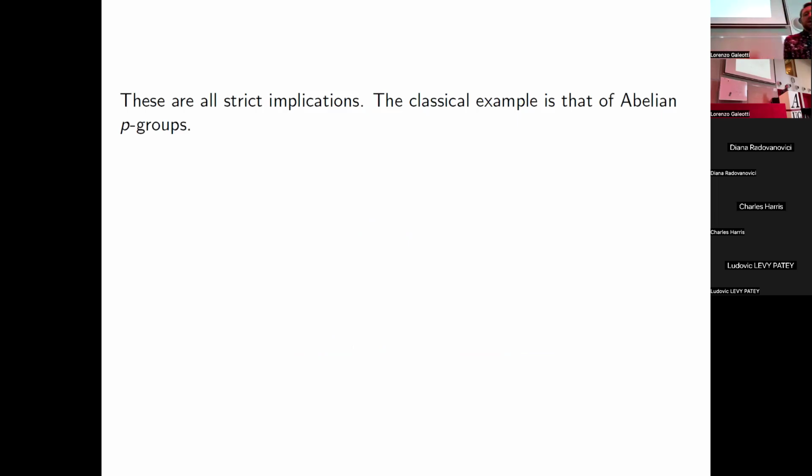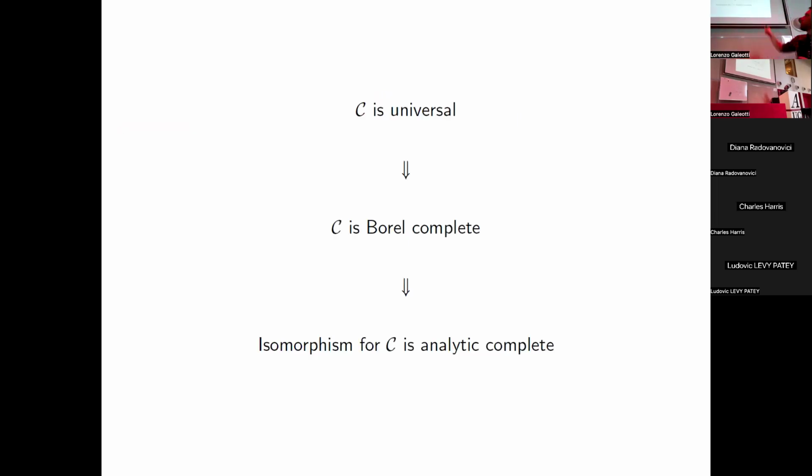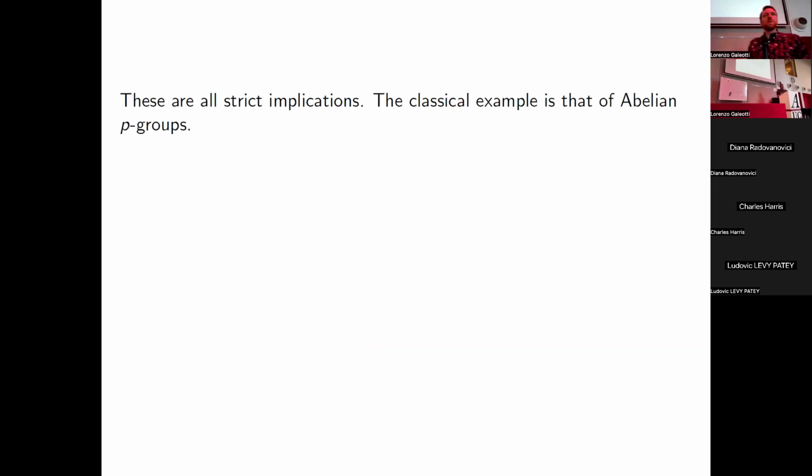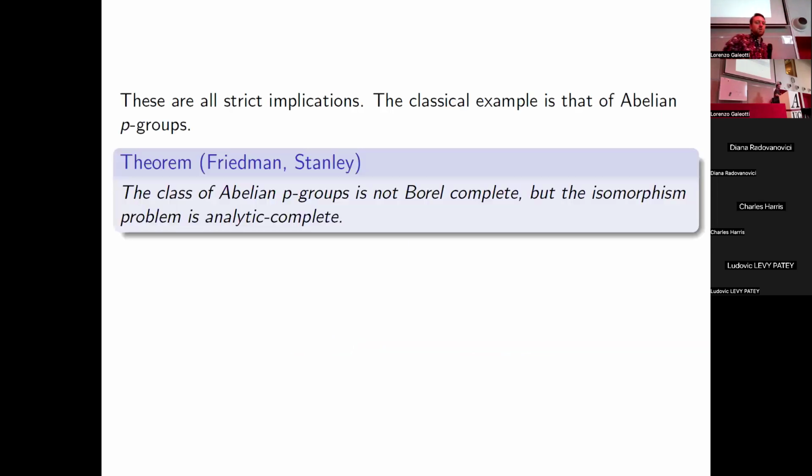These are all strict implications. We have some examples that show the first one is strict. For the second one, the classical example is abelian p-groups. It's not Borel complete, but the isomorphism problem is analytic complete. Morally speaking, the way you should think of this is that there is some kind of invariance for p-groups.